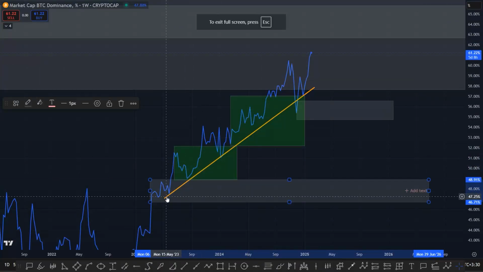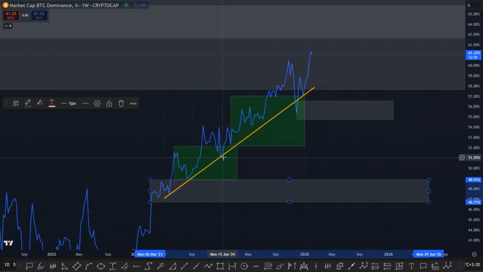If we go to the line, you can see that again we touched it 1, 2, 3, and we broke it downside briefly. So there is a potential reversal pattern, and we could go down to test the 47%, and it means the beginning of an alt season.